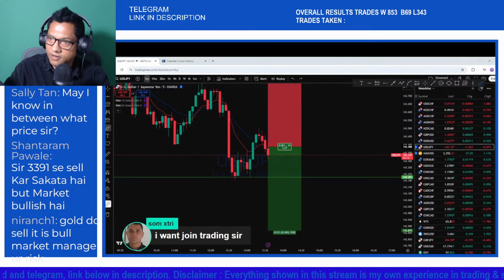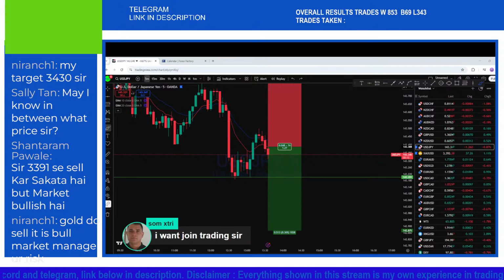So let it run here on dollar yen, expecting for the market to potentially drop down to this key level of support.